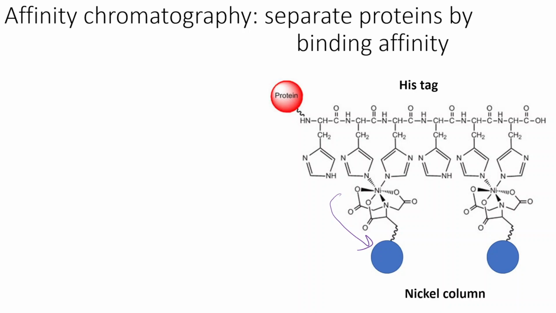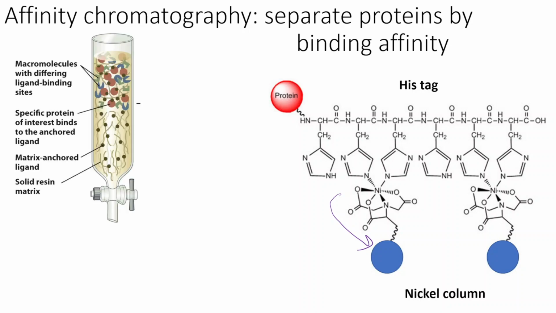That's the blue circle, the actual beads of your column. Inside your column, you have your solid resin matrix with your matrix anchored ligand on it, which is the nickel and the resin, and then your protein of interest, which is going to bind to the anchored ligand.